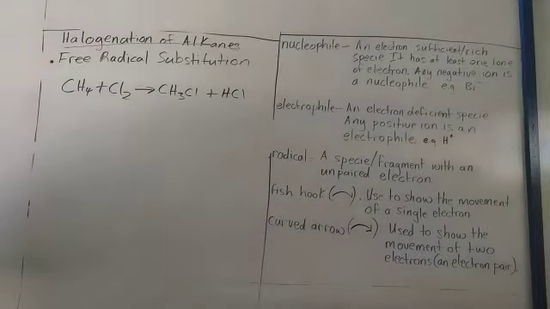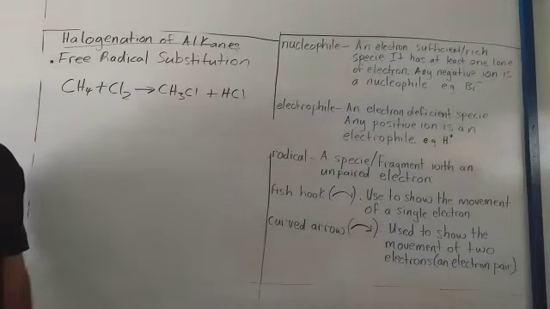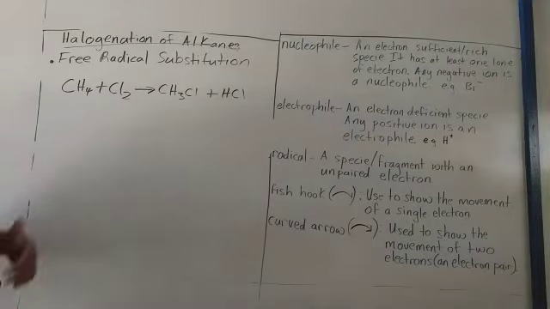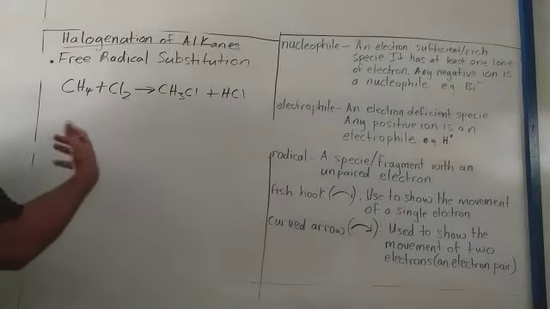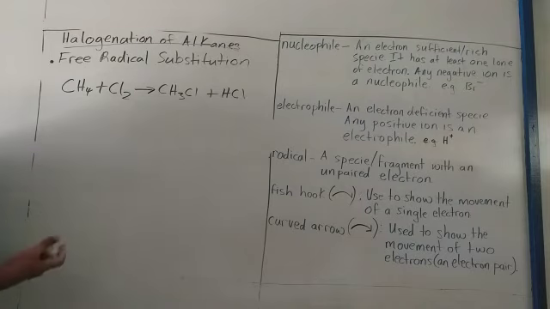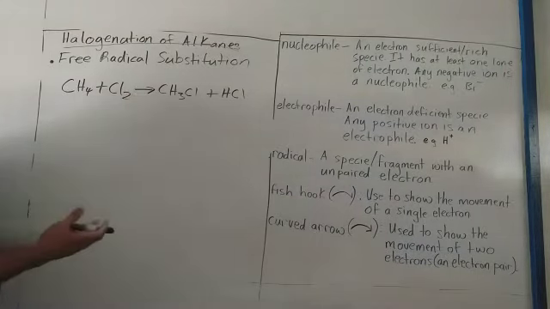So methane plus chlorine will give chloromethane plus hydrogen chloride. This is the equation. What we are going to do now is to try and write down a mechanism, a stepwise proposal by which this reaction occurs.